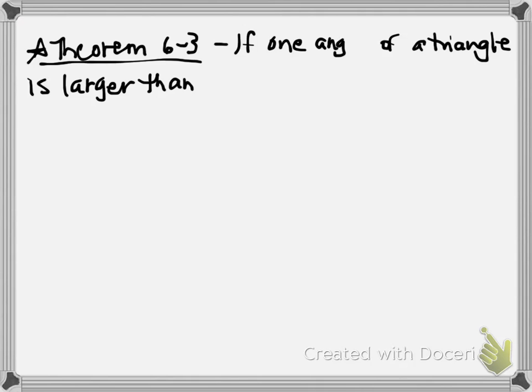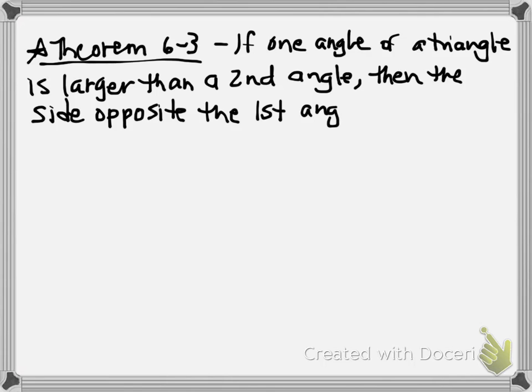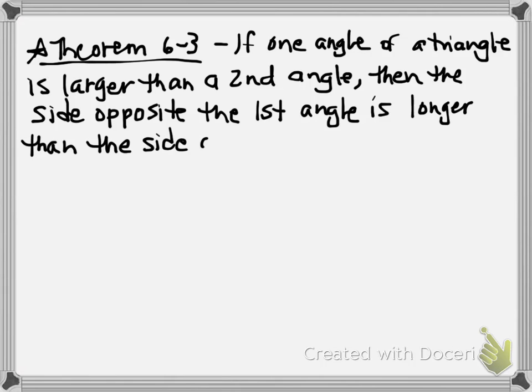If one angle of a triangle is larger than a second angle, then the side opposite the first angle, the larger one, is longer than the side opposite the second angle.